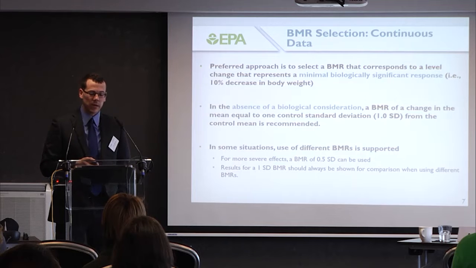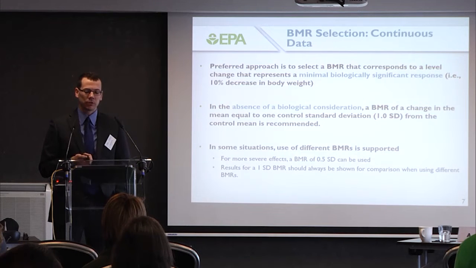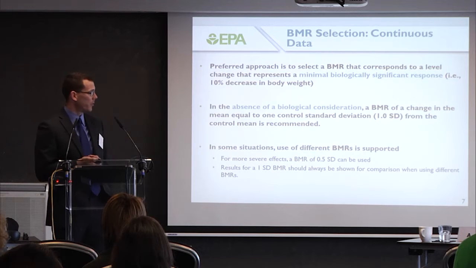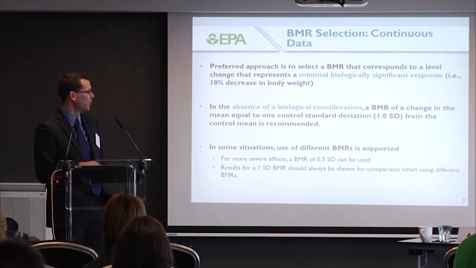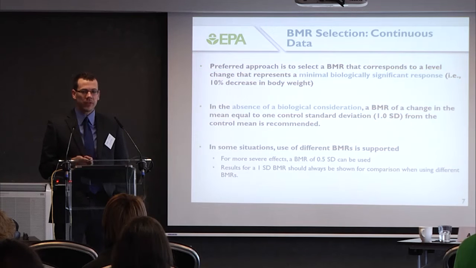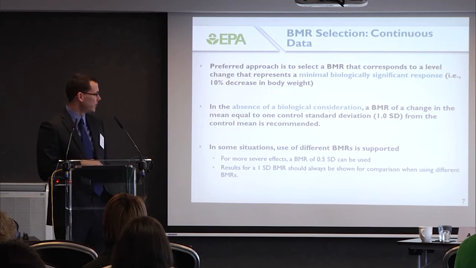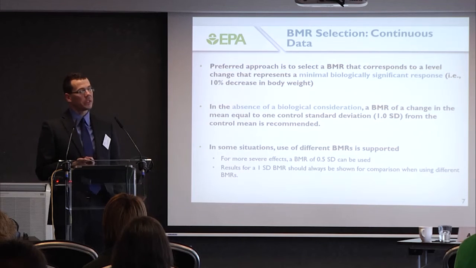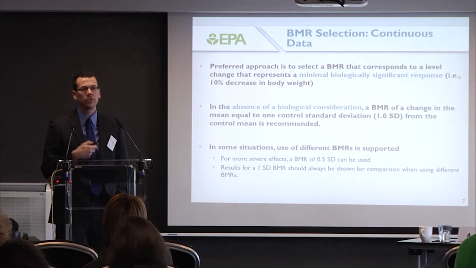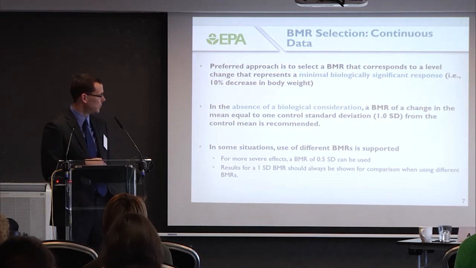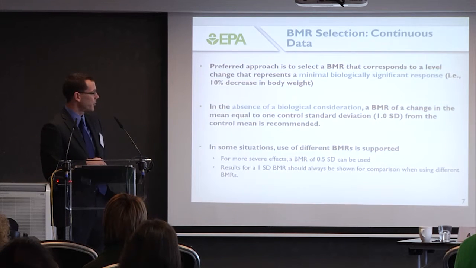Preferentially, the guidance wants users to use whatever biological information they have for the endpoint they're modeling. And if you have what we call a minimal biologically significant response level, use that value. So the example here is if you know a 10% decrease in body weight is adverse, use 10% relative deviation for your BMR.